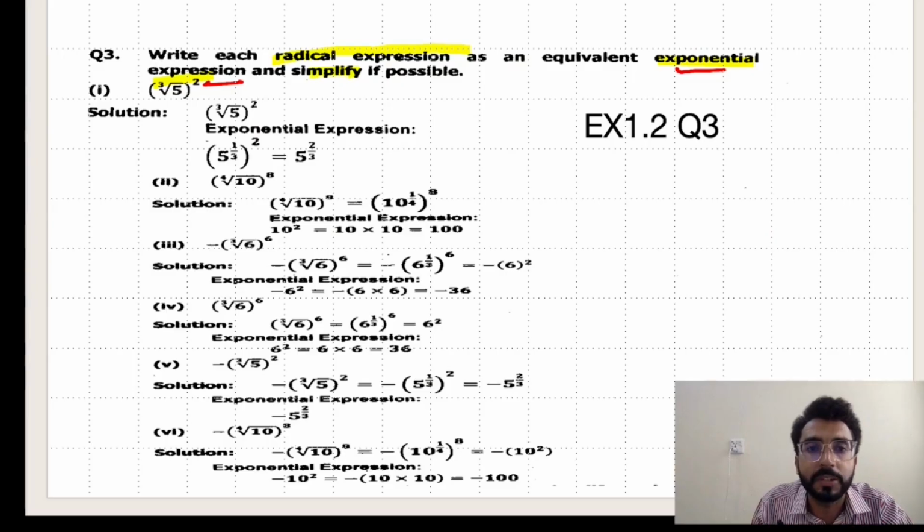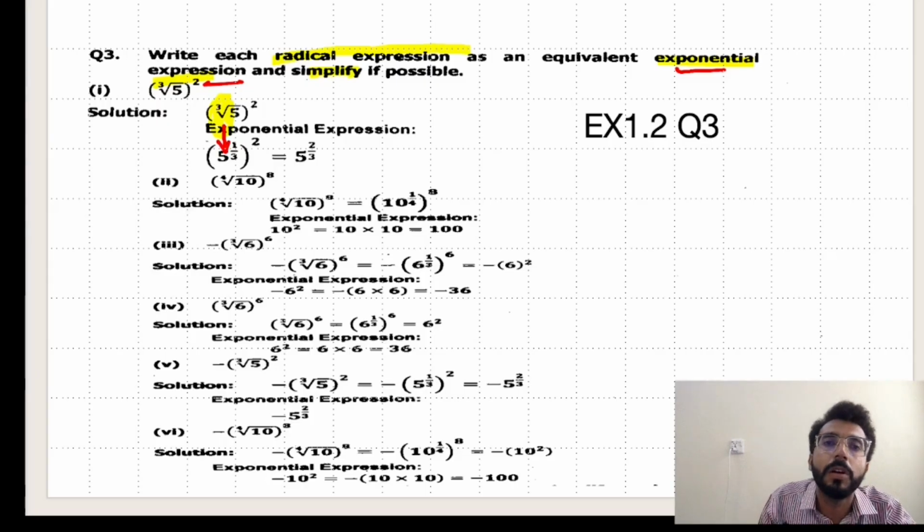Now let's look at the question. Very simple question. A radical expression is given: the cube root of 5, with exponent 2. First of all, change this radical expression, the expression under the whole square, into an exponential expression.